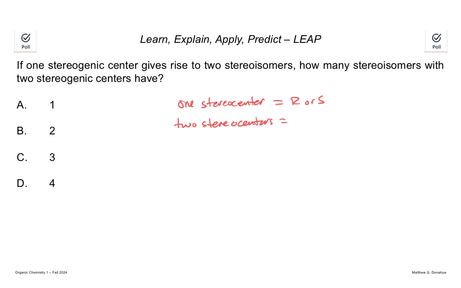So we'll just work it out on here, but there's a slide that shows it coming up. So remember, 1 stereocenter can be R or S. If you have 2 stereocenters, you could have RR, they're both R. The mirror image of that is going to be SS.